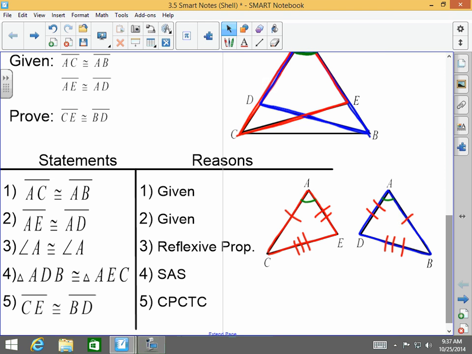Corresponding parts of congruent triangles are congruent. Okay, so again, an extremely difficult problem was made very easy simply by pulling out the individual triangles that you have to work with in order to prove what you need to prove. Hopefully that made sense to you.